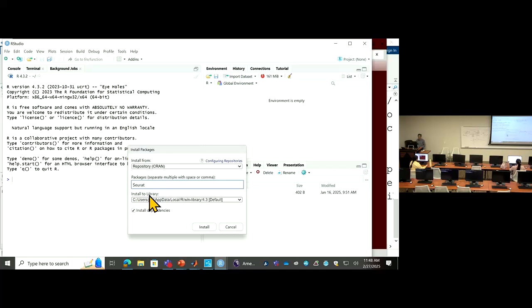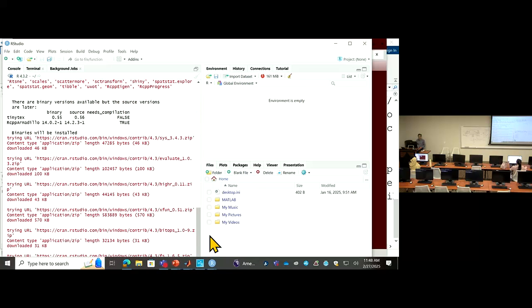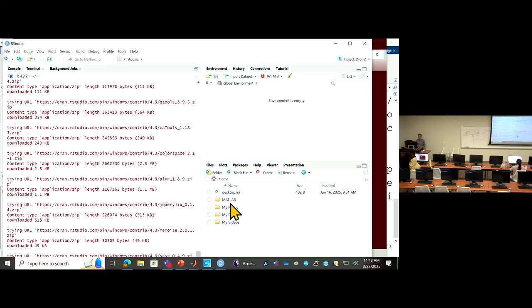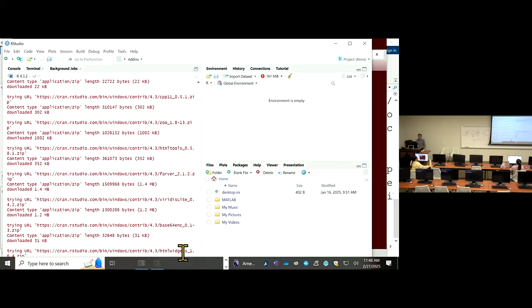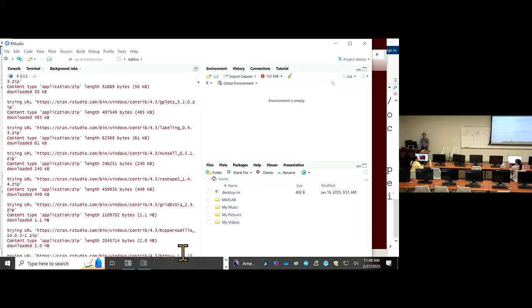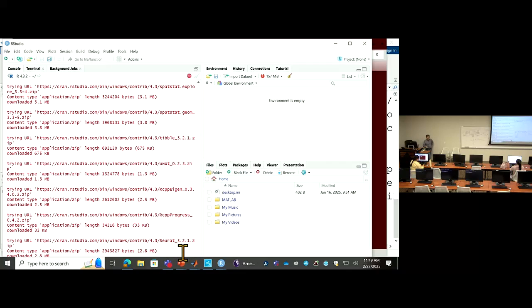So we need Seurat, and that's where R is working. Once you have the Seurat package installed there, the package you run from MATLAB should work because you already have it installed in R. Otherwise, it takes some rounds to install it automatically, maybe.